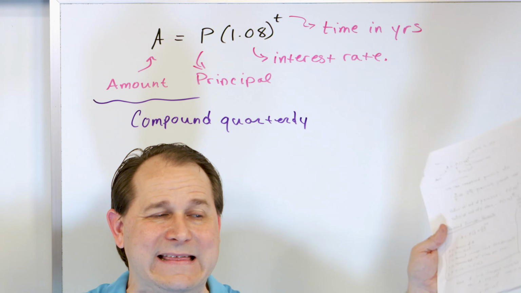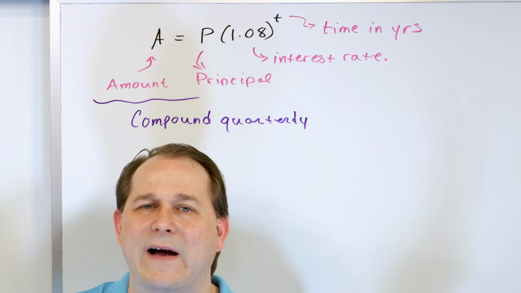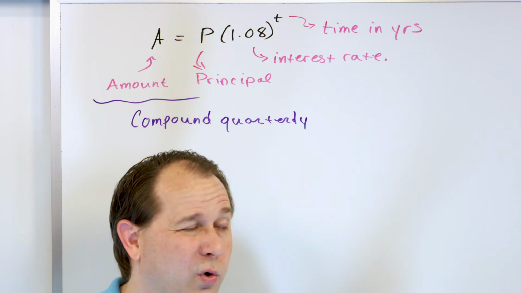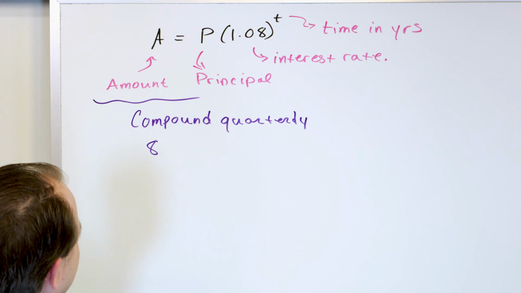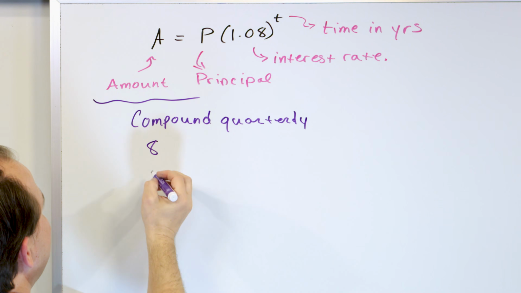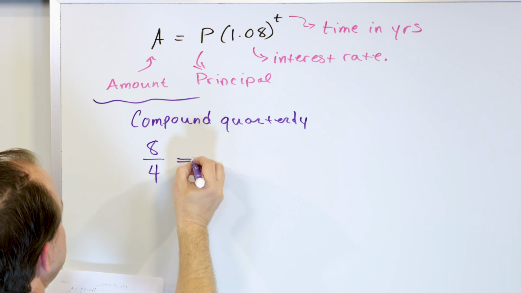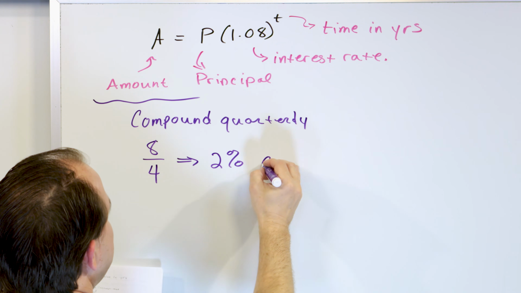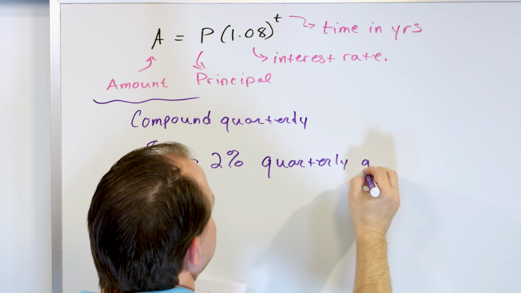What happens is you take the 8% over the year, and since I'm doing it 4 times a year, I just divide that 8% by 4. That's the amount of interest I'm going to give you every quarter. So I take the 8% that I'm doing on an annual basis, but instead of doing it every year, I'm going to do it every quarter. That means I'm going to take this thing and divide it up into 4 pieces, and I'm going to give you 2% interest as a quarterly growth rate.